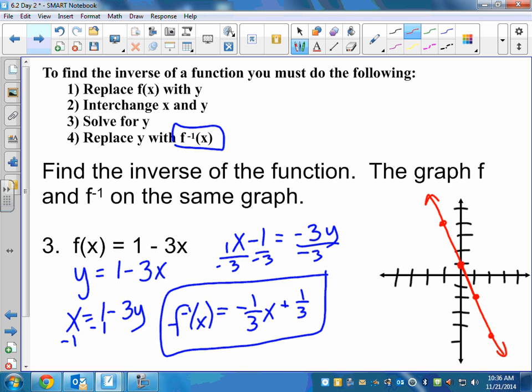remember, if you don't want to actually graph the other one, especially if it's something ugly, you can just switch those points around. So if you wanted to graph the other one, instead of actually going to 1/3 and doing a slope of negative 1/3, which we could do, I could just switch these. So if this is the point 0, 1, I know the inverse has a point 1, 0. This is the point 1, negative 2. I could do negative 2, 1.